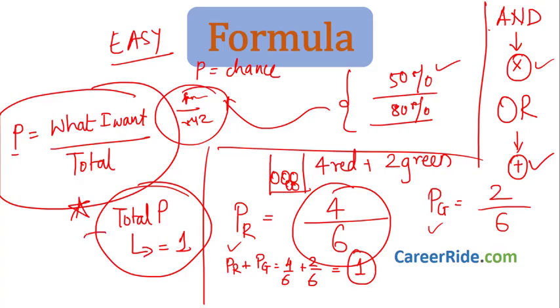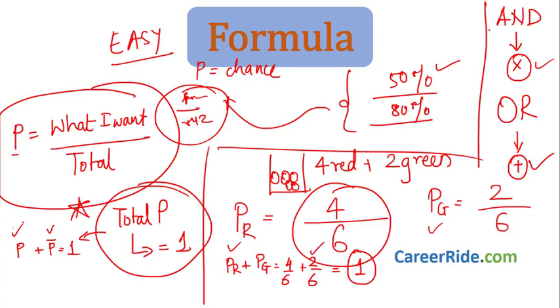So this can also be written as probability of an event happening plus probability of the event not happening would be equal to 1. This is the total probability. Probability of selecting a red ball and probability of not selecting the red ball. There are only 2 types, red and green. Selecting the green ball means you are not selecting the red ball.